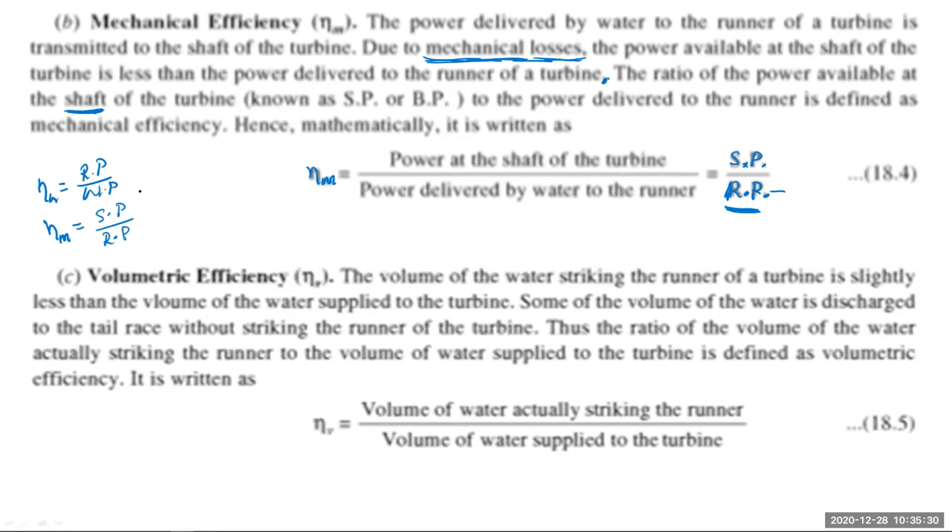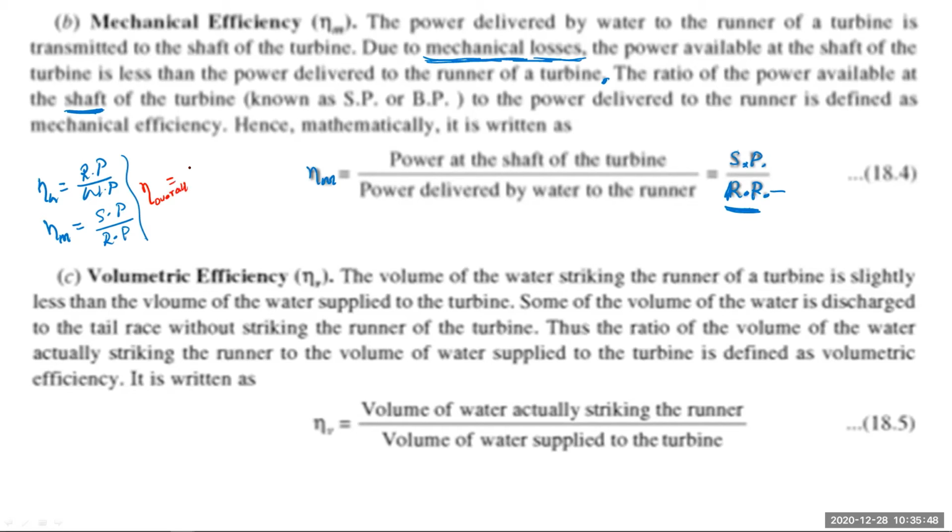Now, what will happen if I multiply these two terms? I'm writing one term, that is eta, with the suffix overall.